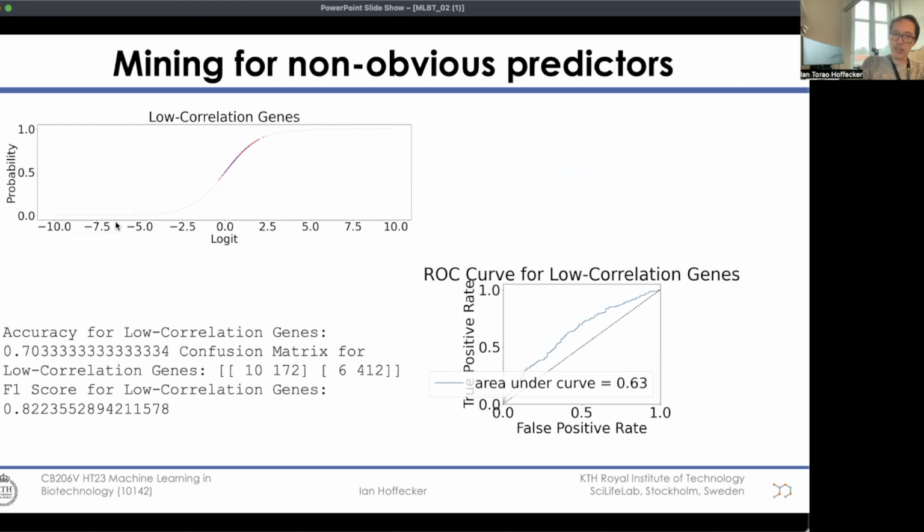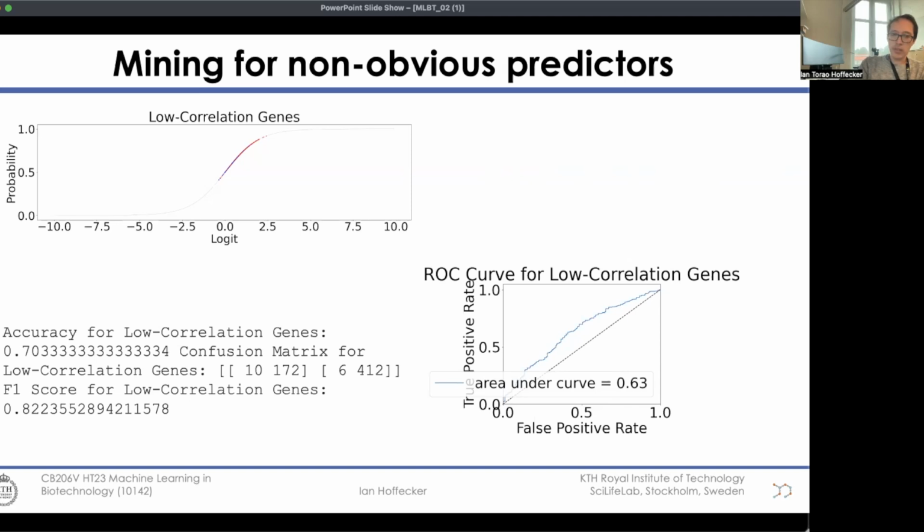If we look at those low correlation genes that we fetched in the first part of this example, and we run the logistic regression on that as the training data, we'll see that actually there's a little bit of predictive capability here as well. So we again have a curve that's just a little bit above the diagonal, with an area under the curve a little bit above 0.5, meaning that some predictive capability is leaking through these low correlation genes.